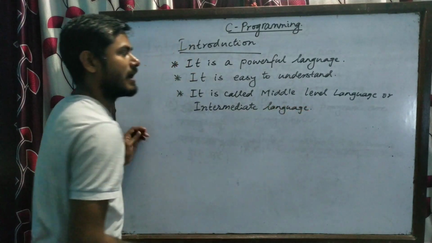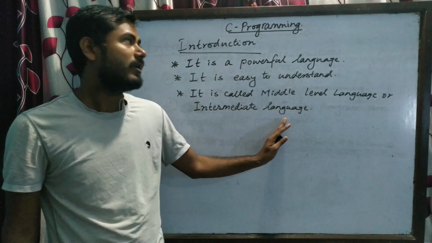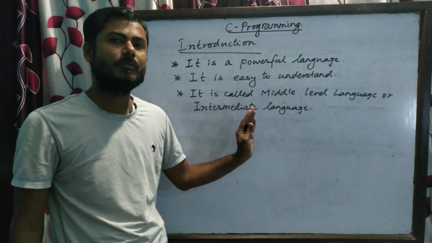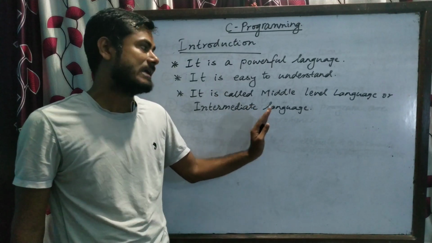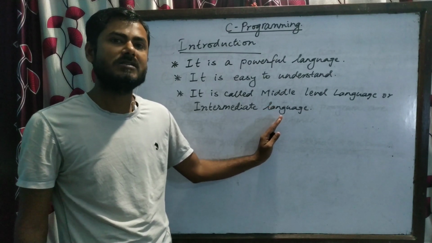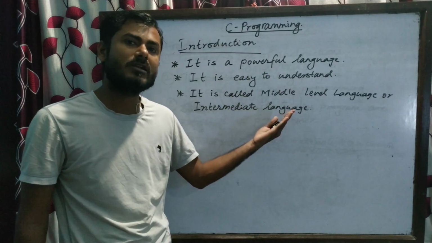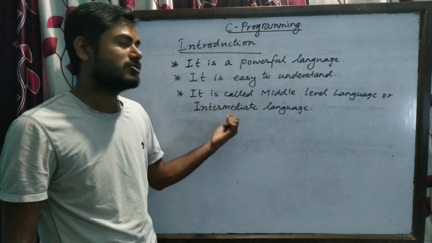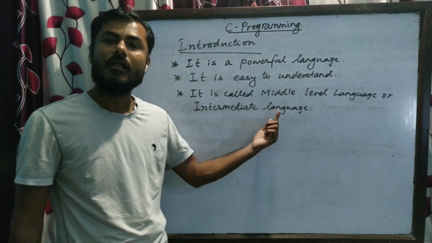So I already told you why it is called middle level language: because we can use this C programming language to develop system software as well as application software. That means it is used for developing system software as well as application software. That's why it is also called middle level language or intermediate language.